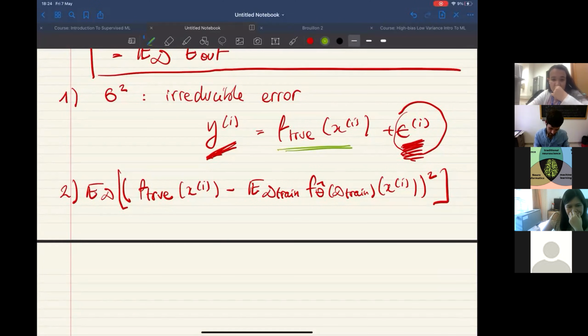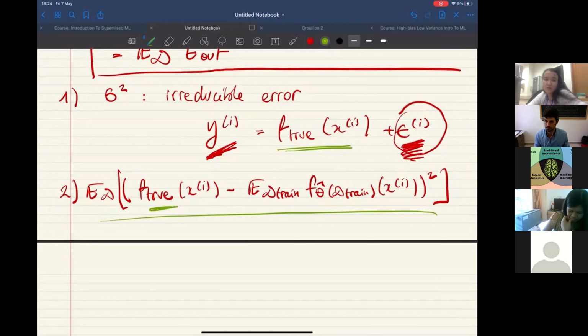This is a theoretical quantity that we can write down on paper as theoreticians, but it's not something you can concretely compute in general. The F true is unknown to you. It is the true complex rule that, given an image, tells you whether there is a cat or a dog on it. It's a very complex abstract rule that maybe there is no way to write using mathematics, but it exists. It's completely unknown.